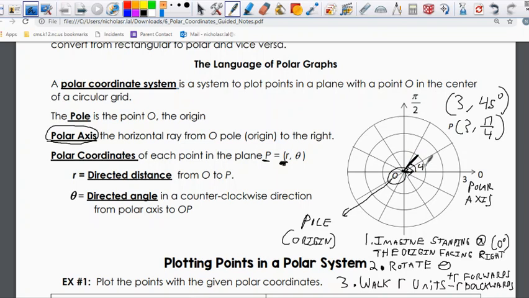That's a 45 degree rotation. And then you go 3 units, so you go 1, 2, 3. That's going to be right here. So our angle is pi over 4, or 45 degrees, but our distance from the origin is going to be 3 units.